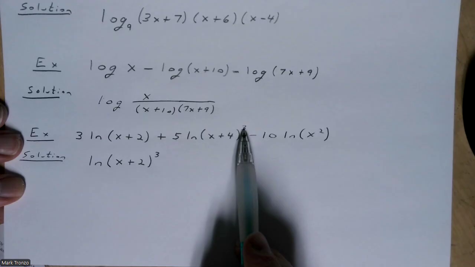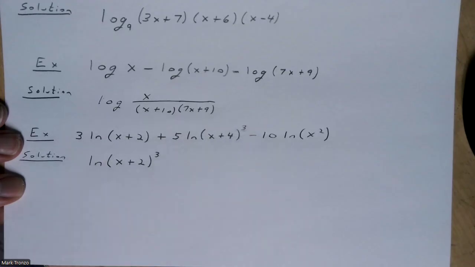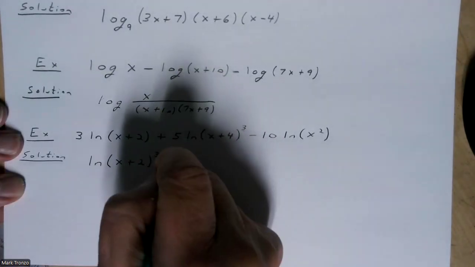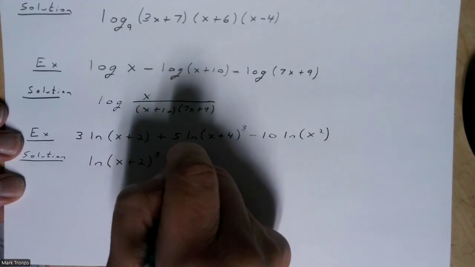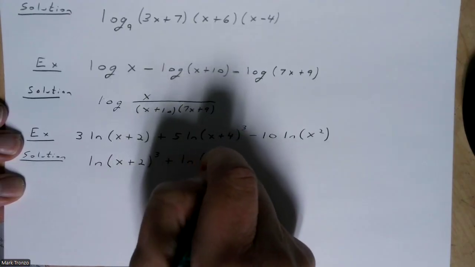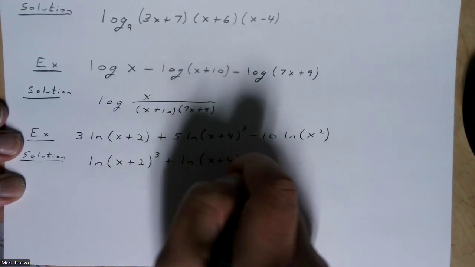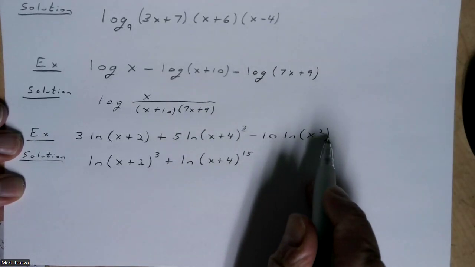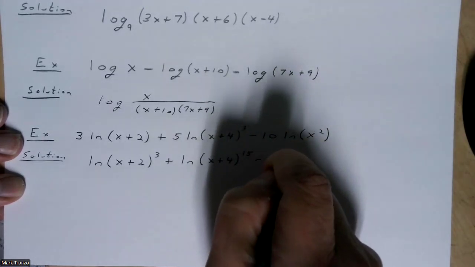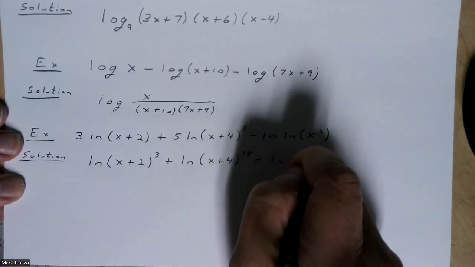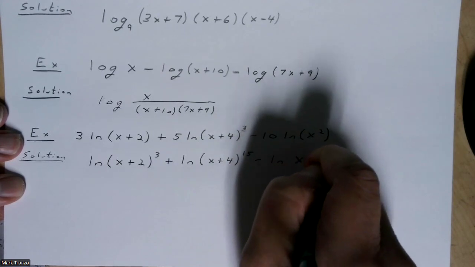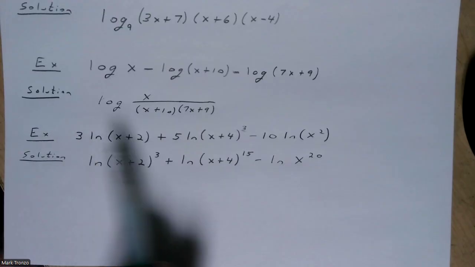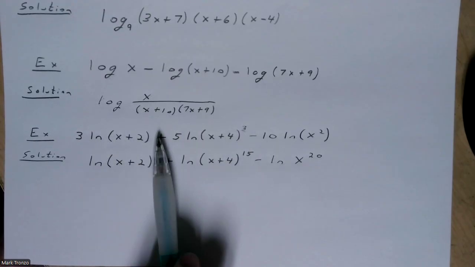When we do that, this will give us 5 times 3, which is 15. And we'll bring this up here, and to the 20. All I did was bring everything in front of the log up to the exponent.